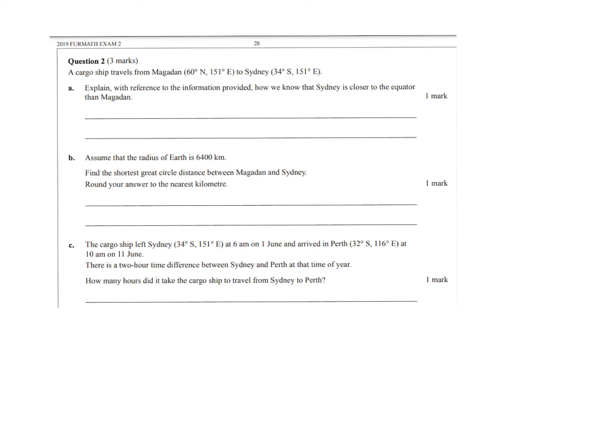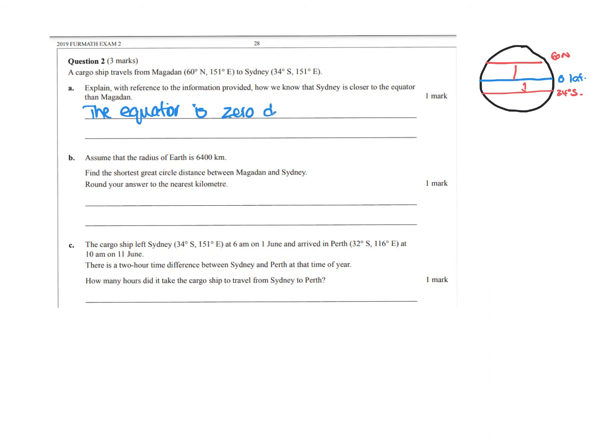So this one's not to do with the time zone, but if we think about the world, and we saw the other day, remember the equator is at 0 latitude, and obviously Magadan is up here, has gone up further, and it's at 60 degrees north, and Sydney is not as far down, it's only at 34 degrees south. So you would need to write that in. So you'd probably say the equator is 0 degree latitude.